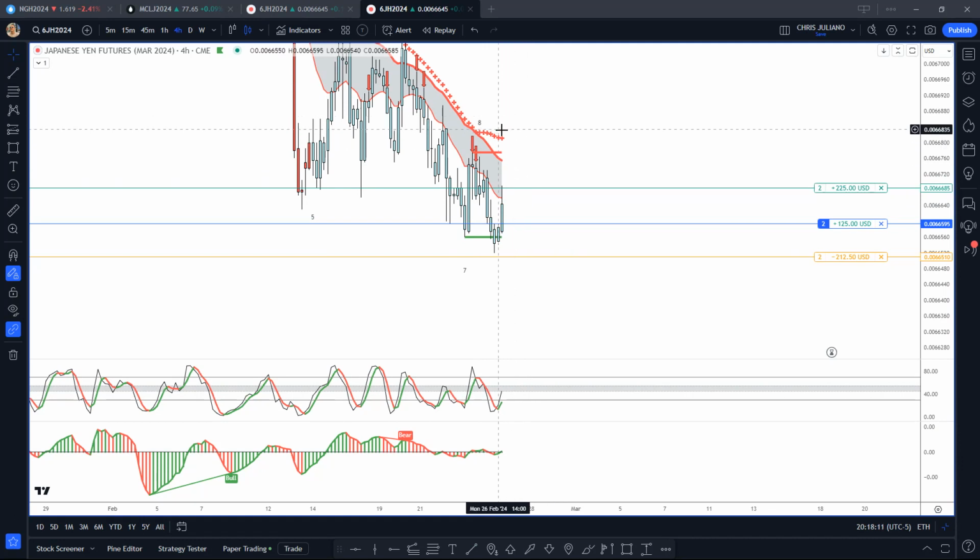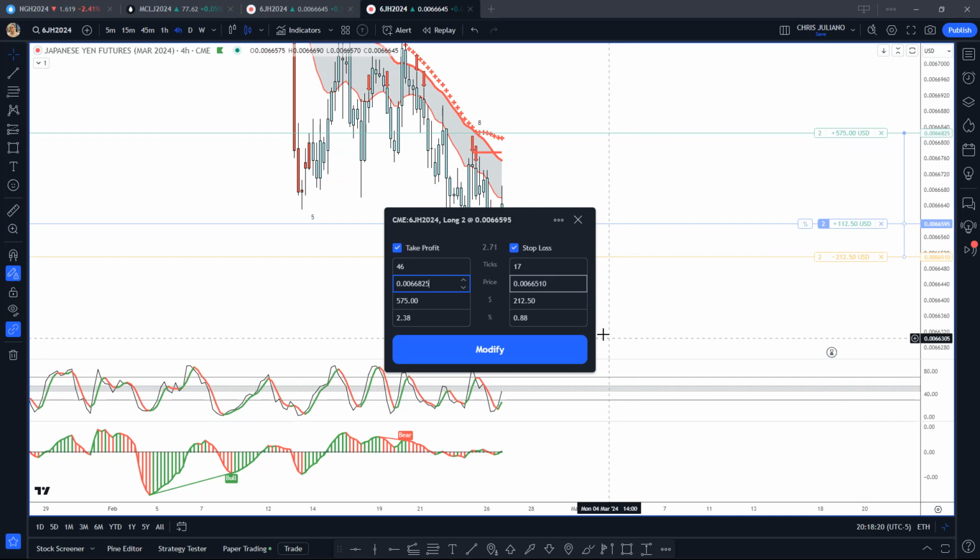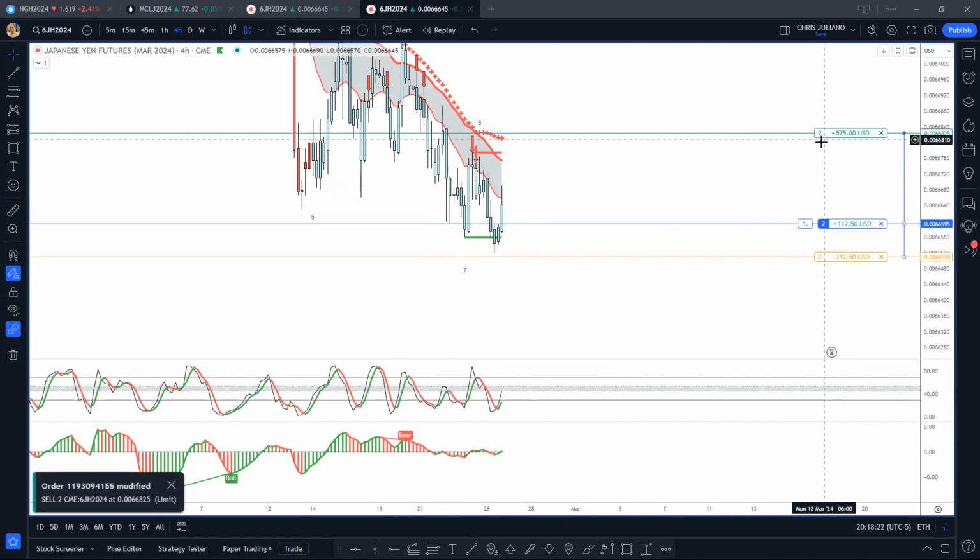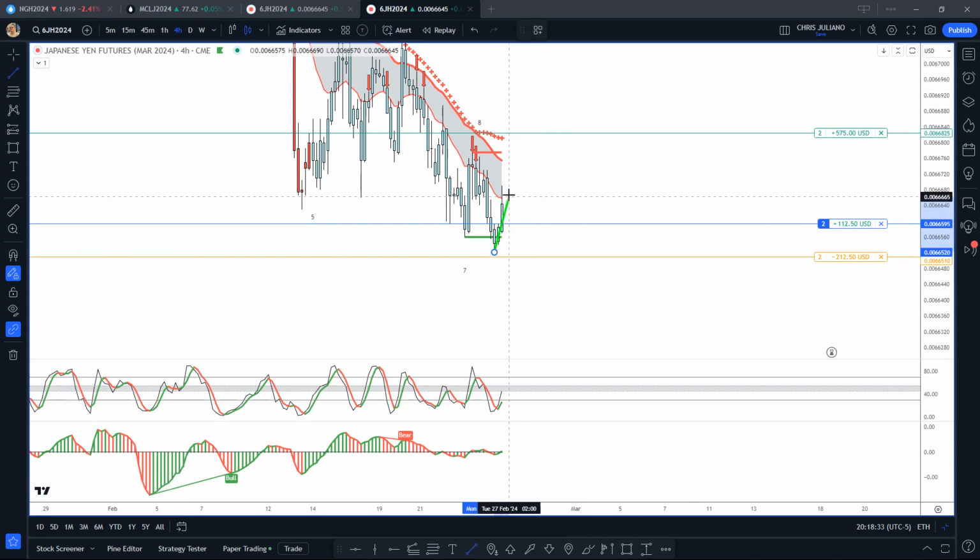So I have to start really getting tight with the stop all the way up here. The goal is to try and get somewhere up here, and that would be around 575 bucks. So maybe we'll hit that marker by tomorrow. What we don't want to happen is this, right? Pulling back into TrendCloud and then another move down.